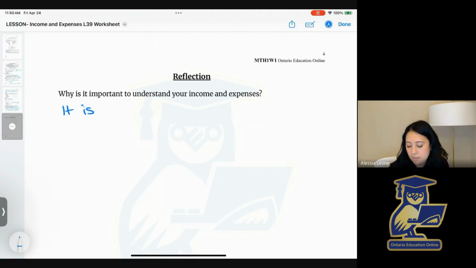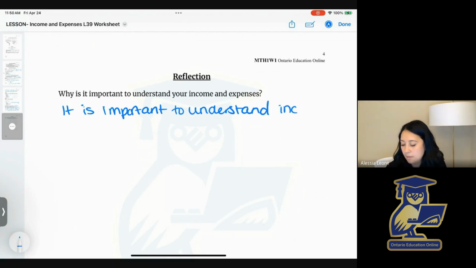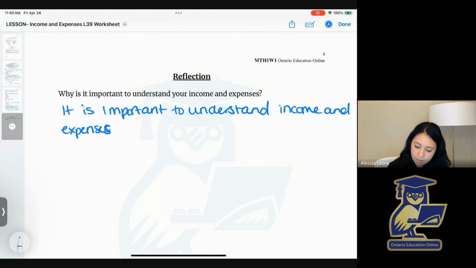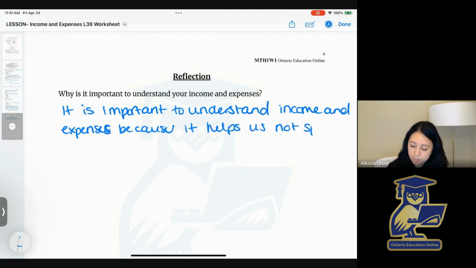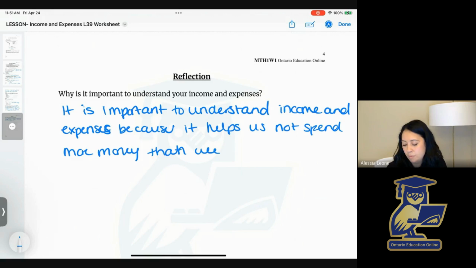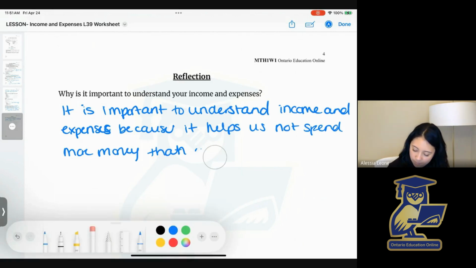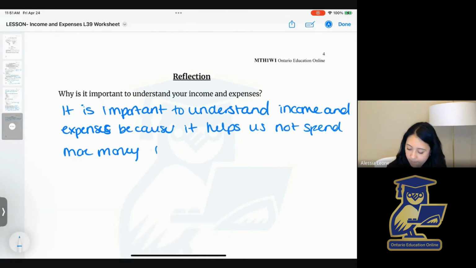It is important to understand income and expenses because it helps us not spend more money than we have.